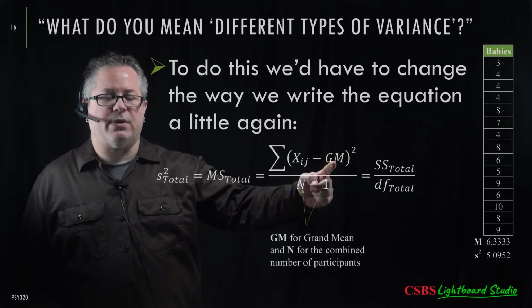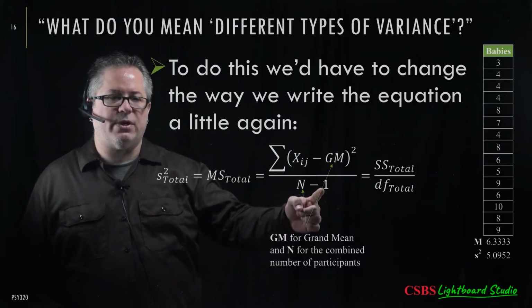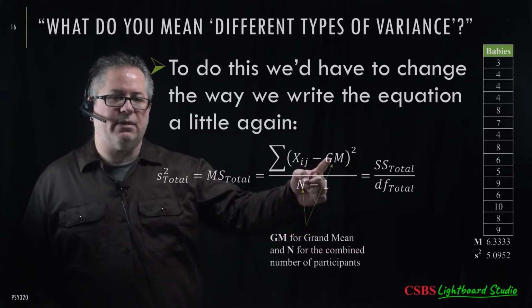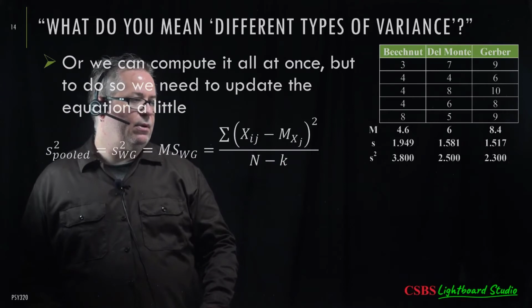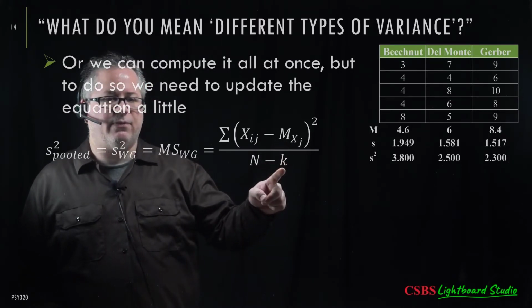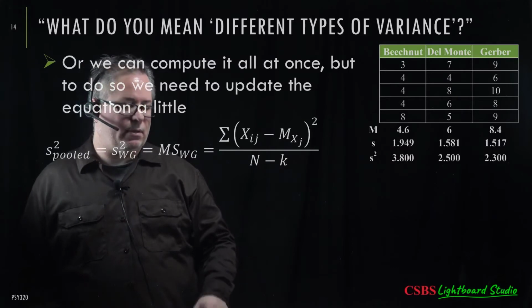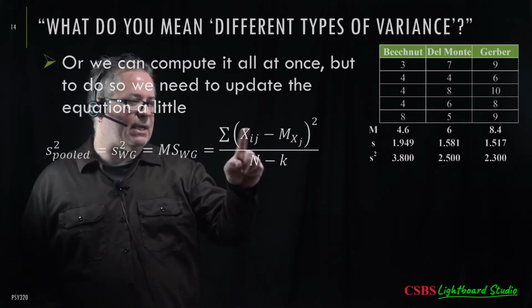And because we're only talking about one grand mean, this particular variance only loses 1 degree of freedom. One mean, 1 degree of freedom. Back here, there are 3 group means, so we lose 3 degrees of freedom. So you can often think about, well, how many things do I have here? How many xij's do I have?